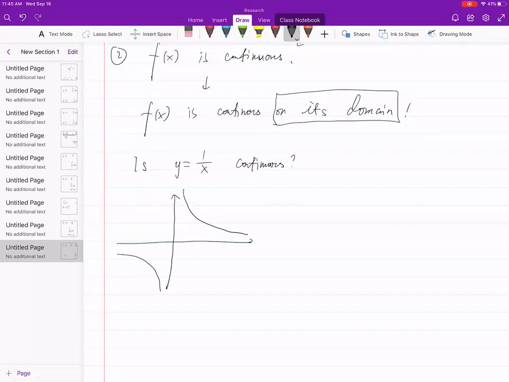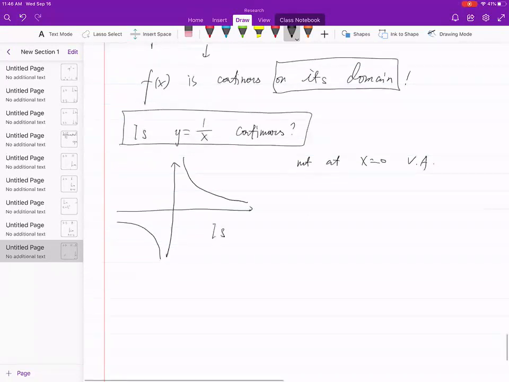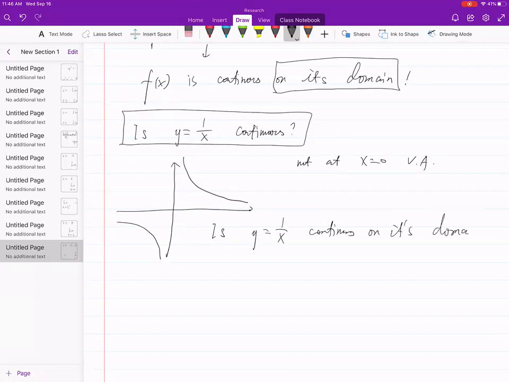Why? Not at 0. There you have a vertical asymptote. Sounds good? Okay. But now think again. What do I mean by this if I don't say anything? My hidden question is: is y equals 1 over x continuous on its domain? That's what I really mean.